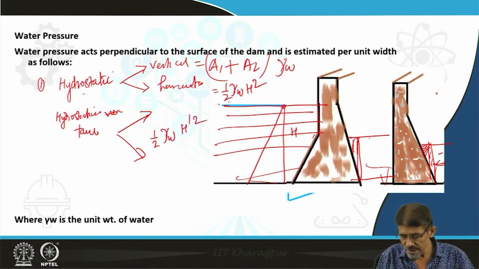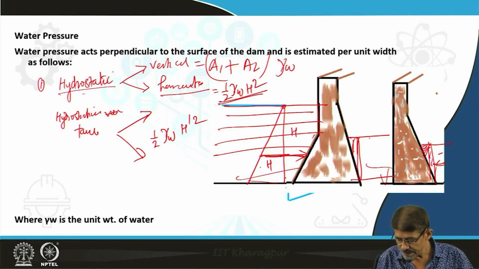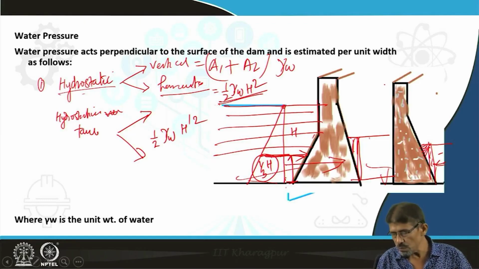The resultant horizontal force due to hydrostatic pressure acts at one third of H, the depth of water, from the bottom of the heel. This acts downstream, pushing the dam. However, by the same concept, the tailwater force acts at one third H dash toward the upstream and supports the stability of the dam.